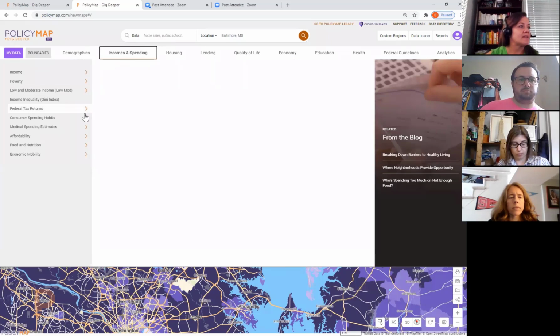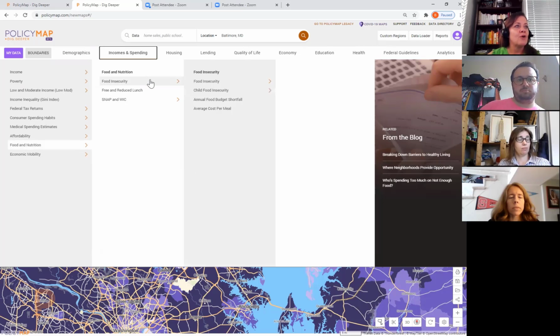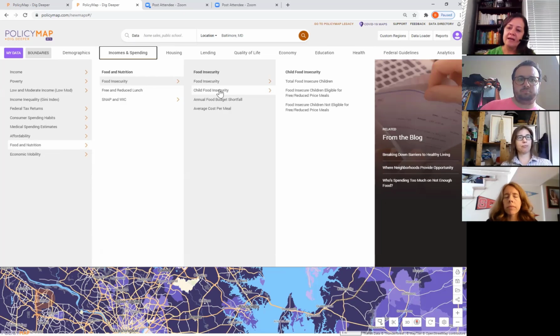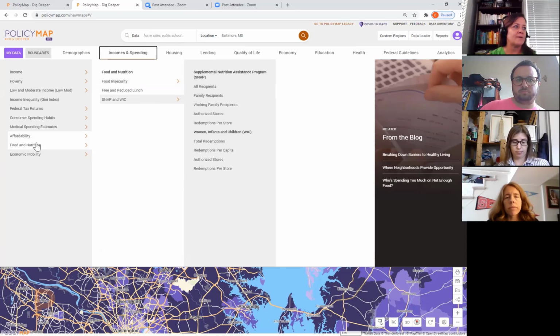Within incomes and spending, there's also data on housing affordability, data on food insecurity. So where are there a large number of food insecure people, where are there SNAP recipients? If you're looking at data related to childhood poverty and childhood education and well-being, there's a lot of data related to that as well.